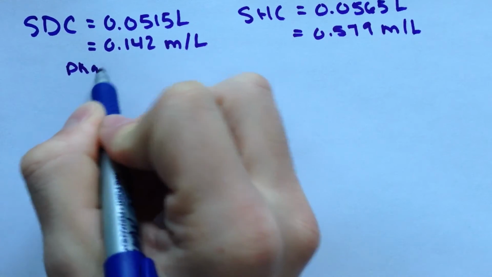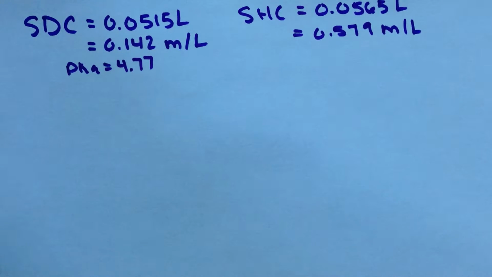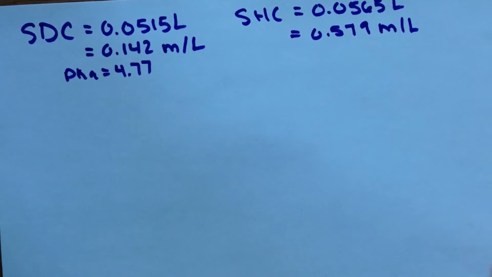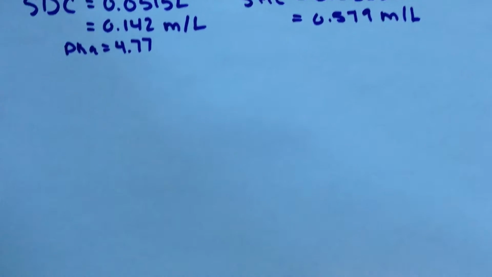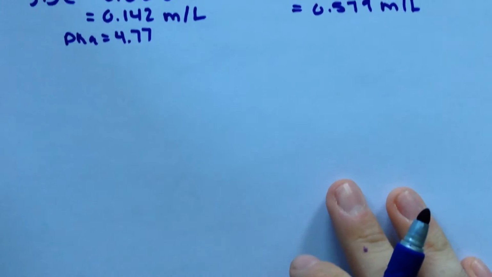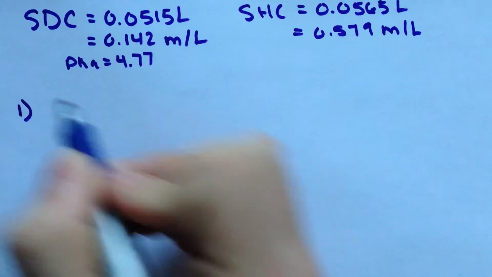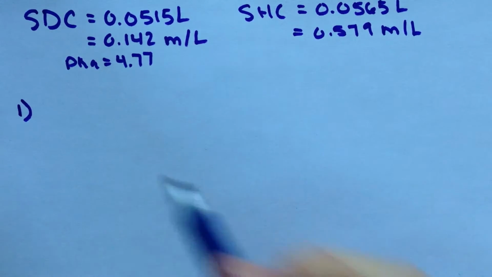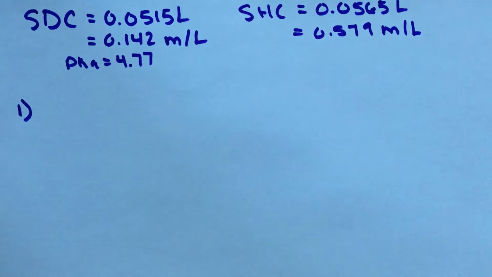So pKa equals 4.77. Okay, so this does look like a complicated question, and it's not really if you know the steps, and the steps are pretty easy. They're just basic calculations. So, step number one, we are going to take each of our sodium dihydrogen citrate and our sodium hydrogen citrate.